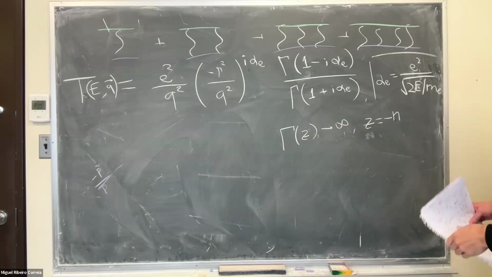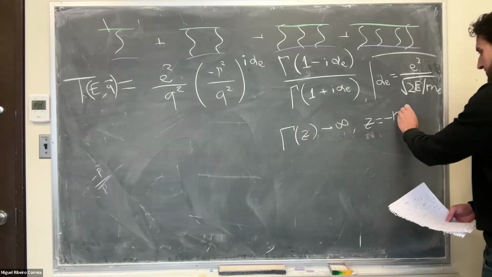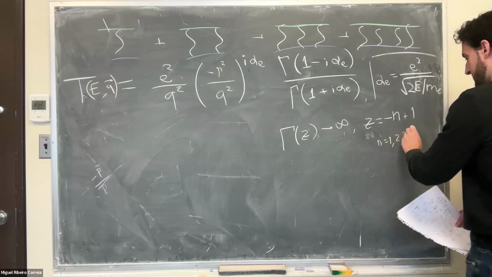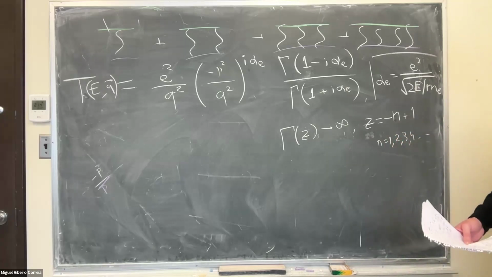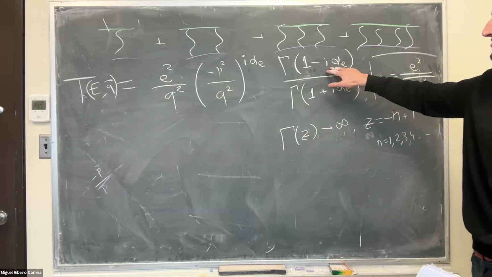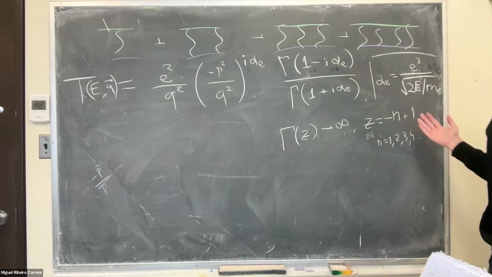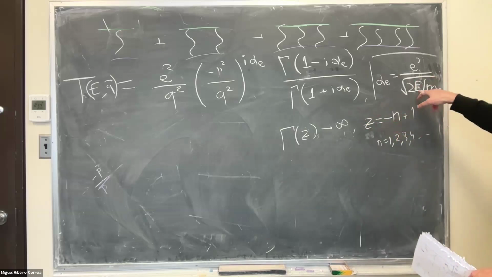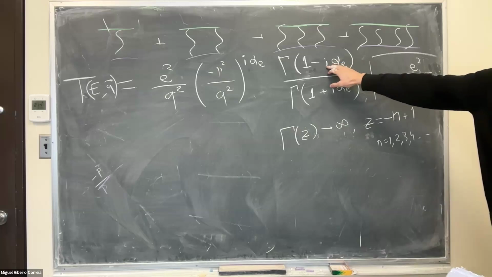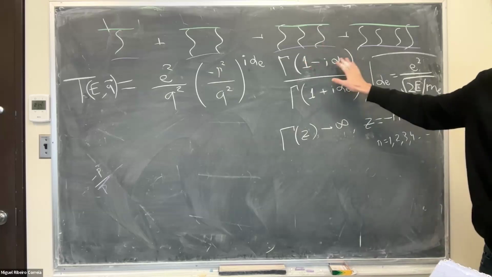Actually, n can be 0, so maybe I can do plus 1, so n goes from 1, 2, 3, 4. Those are poles. But looking at this expression, it's never real for positive energies, so there are no poles. But if I take the energies to be negative, this alpha E has a square root. This square root of energy will give you an imaginary part which cancels this imaginary part, and the argument becomes real.